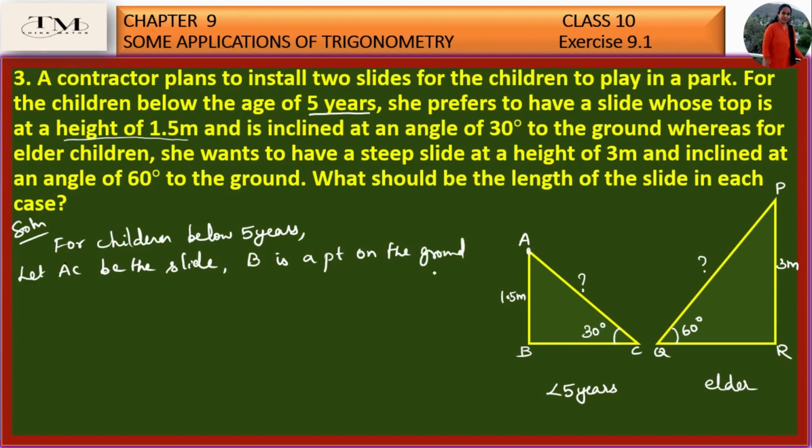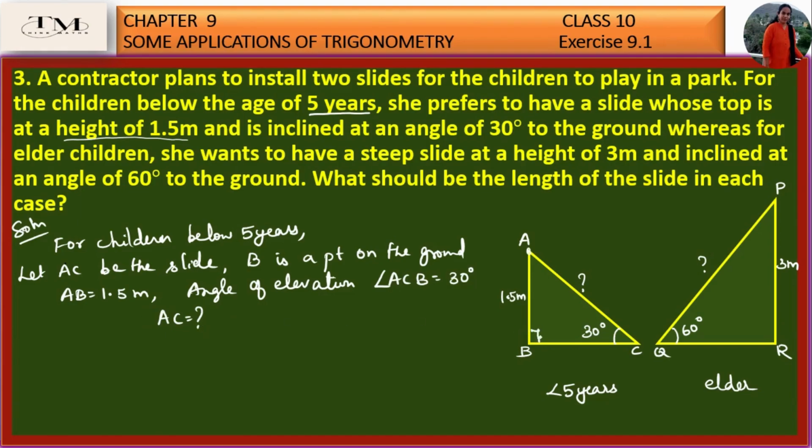Then what is given? AB is equal to 1.5 meter. Then angle of elevation is given, angle ACB equal to 30 degree. We have to find out AC.